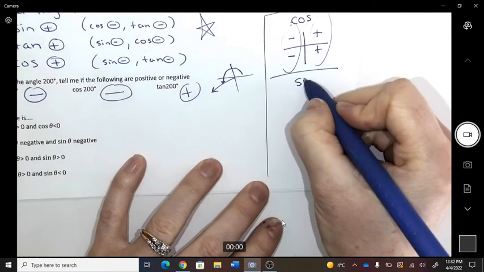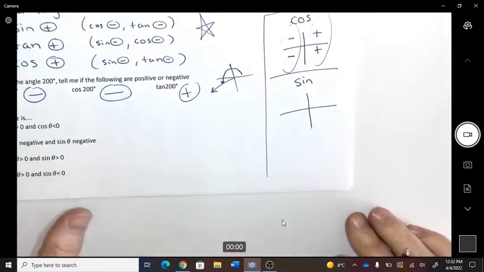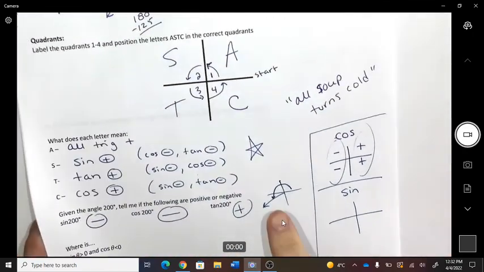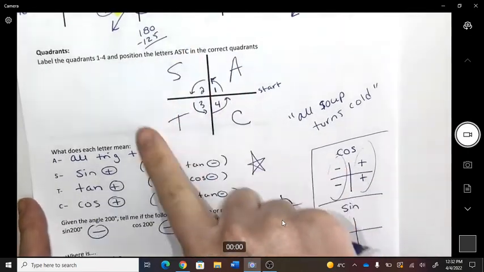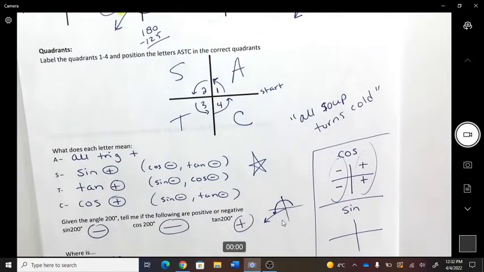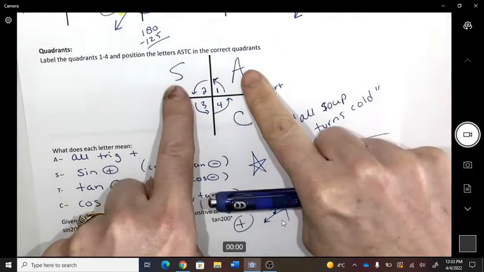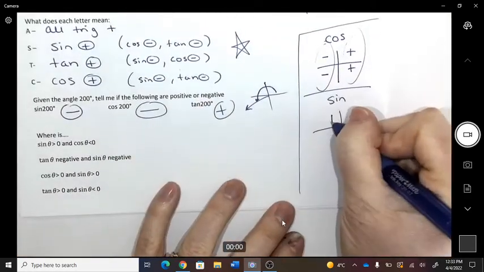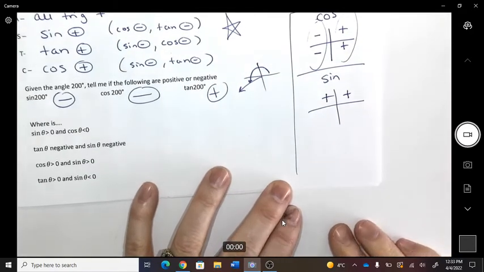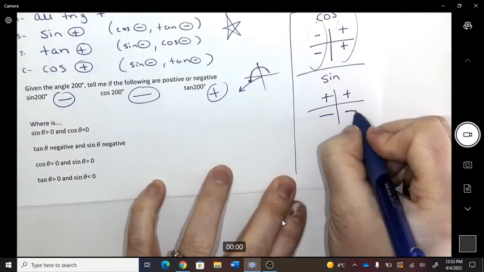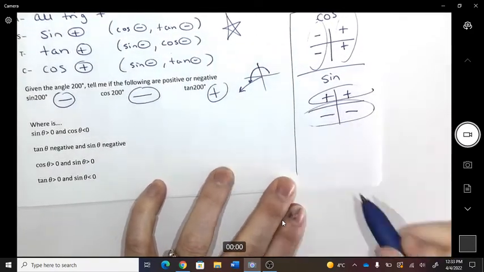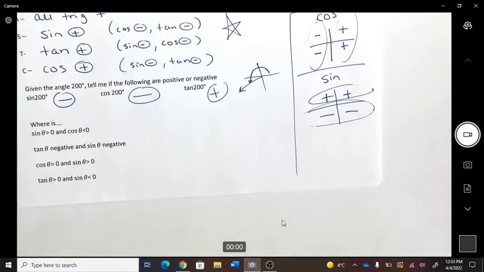Let's talk about the sine. Where is sine positive? Which two? There's always 2 and 2. Which 2 is sine positive? The top 2. Therefore, where is sine negative? So sine splits up top and bottom.